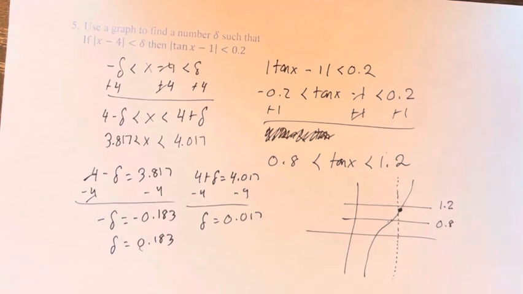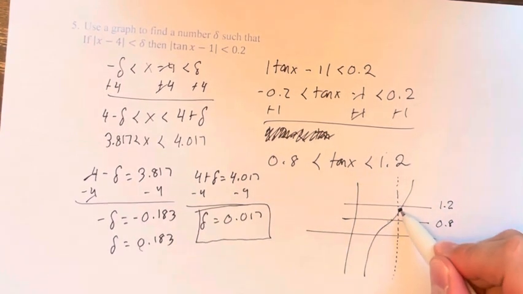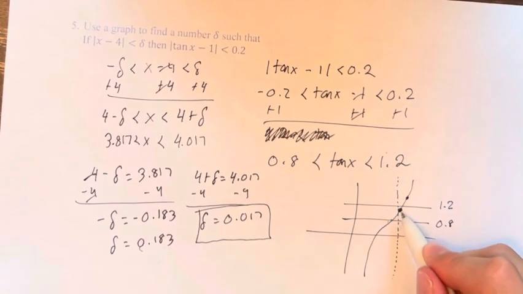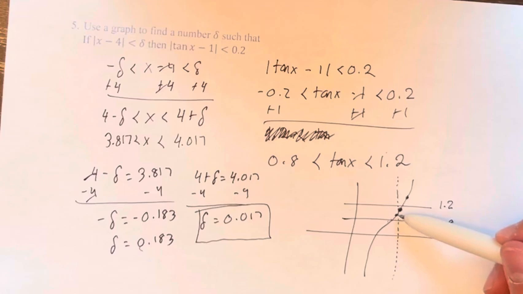So we have to go with the more restrictive delta value. Because if we go 0.183 in the positive direction, we're going to land way out here beyond the range, versus if we go 0.017 in the negative direction, we're not going to land outside of the range because it's the more restrictive value. So our answer is 0.017.